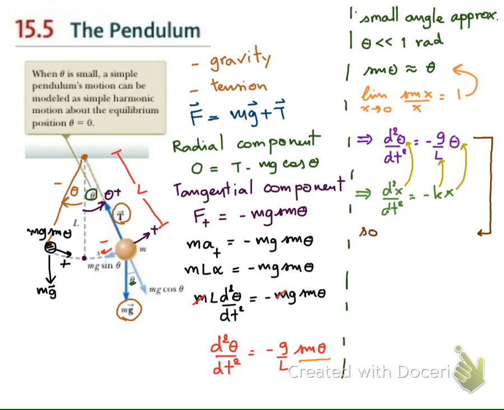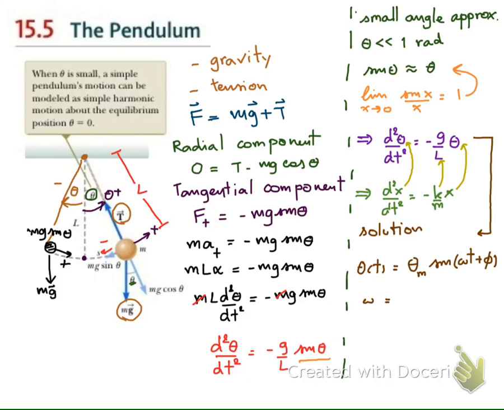The solution, that is theta of t is equal to theta max of cosine omega t plus phi, and the omega is equal to, oh, I missed this term. This has to be over m.